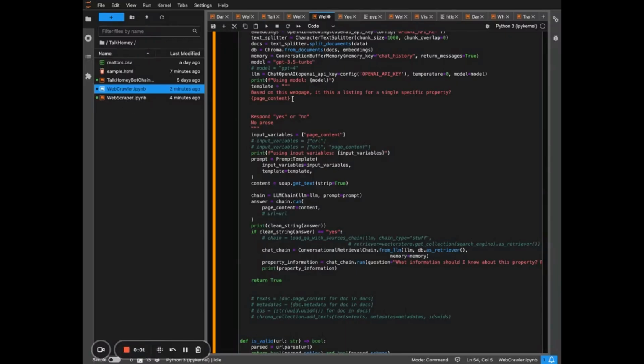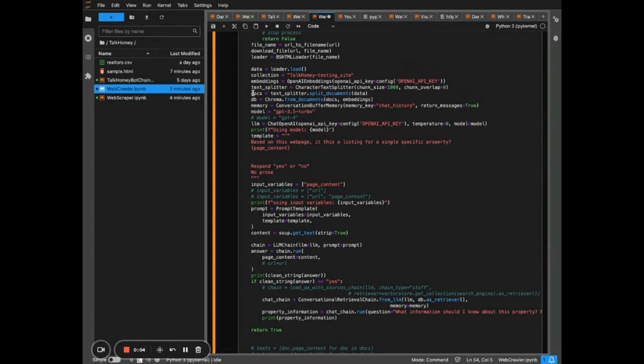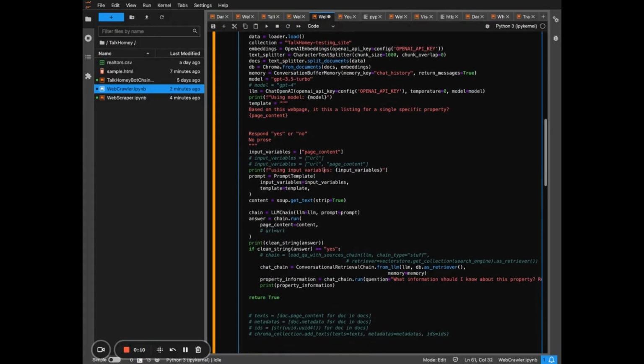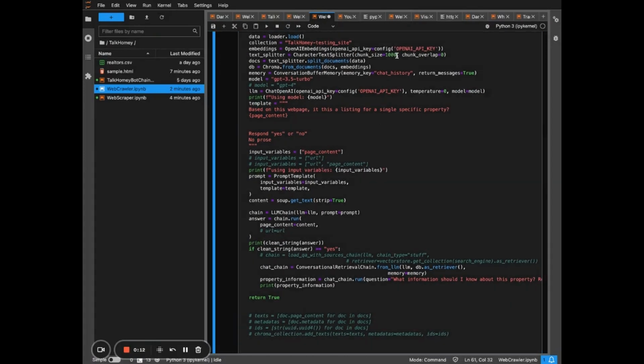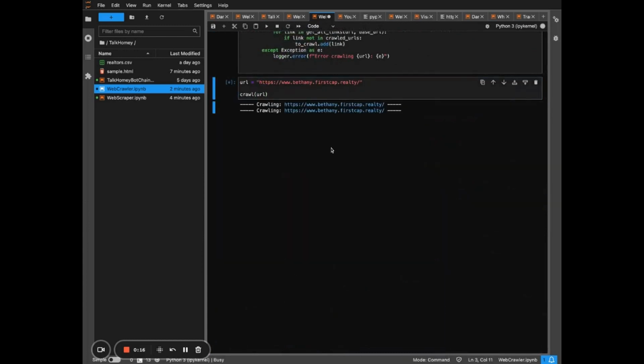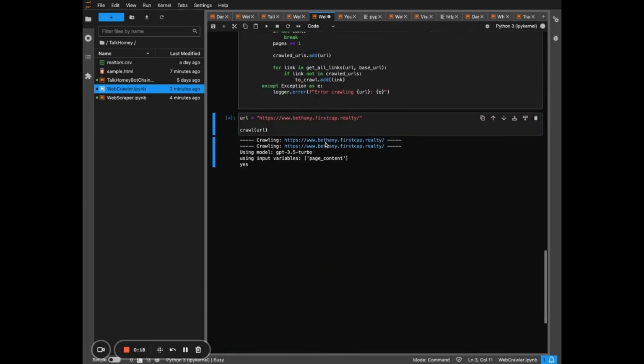But the classification problem was different. First of all, what I tried to do is throw all of the context of the page into a vector database and just ask the question, is this a property listing? Turns out that didn't work so well. The reason for this, I think, makes sense.